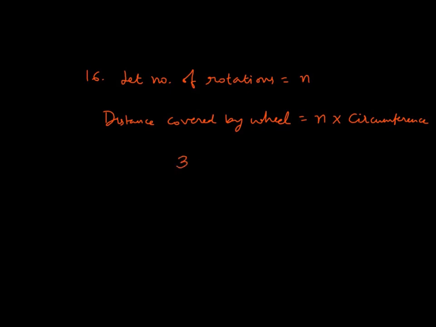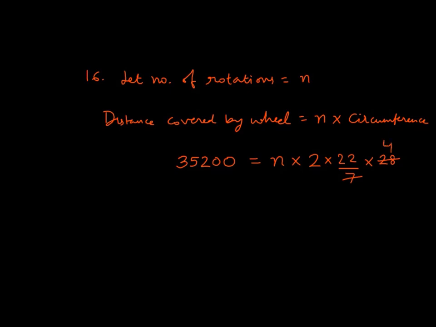We will convert it into centimeter because the radius of the wheel is given in centimeter. This is equal to n into the circumference. The circumference is 2 into pi into r, that is 2 into 22 by 7 into r, which is given as 28.